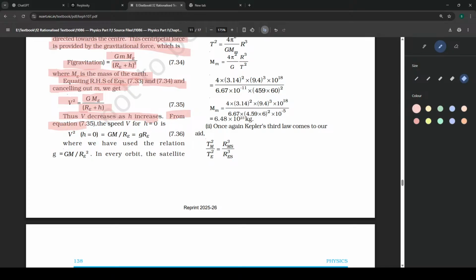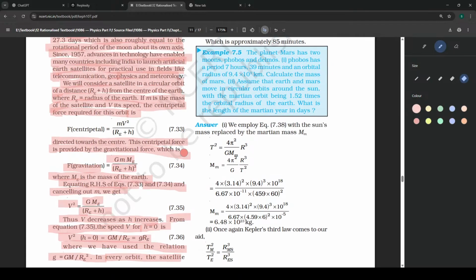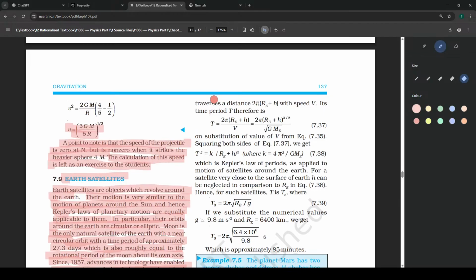From equation 7.35, the speed v for h equals 0 is v square equals G Me by RE, which is g RE, where we have used the relation g equals G Me by RE square. In every orbit, the satellite traverses a distance 2 pi (RE plus h) with speed v.